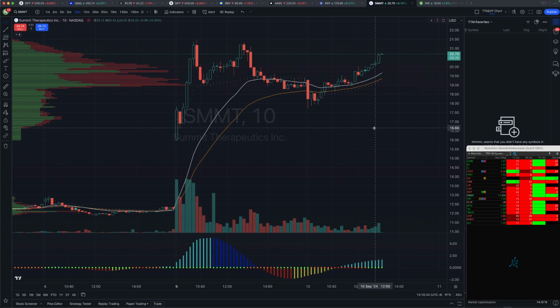I think it's important to understand the preparation level that happens when we get into these trades. We already know that there's a good setup generally.